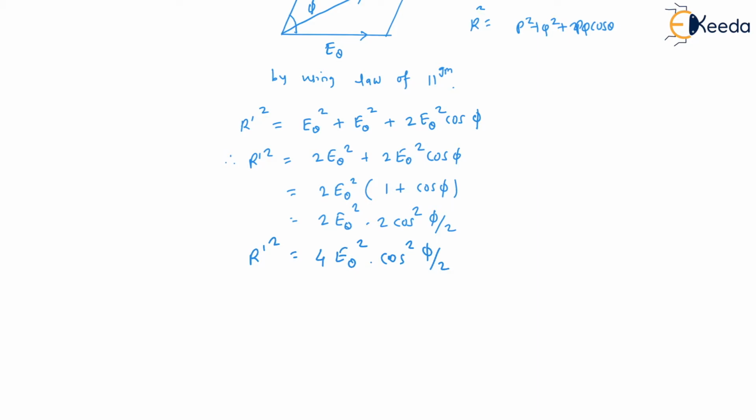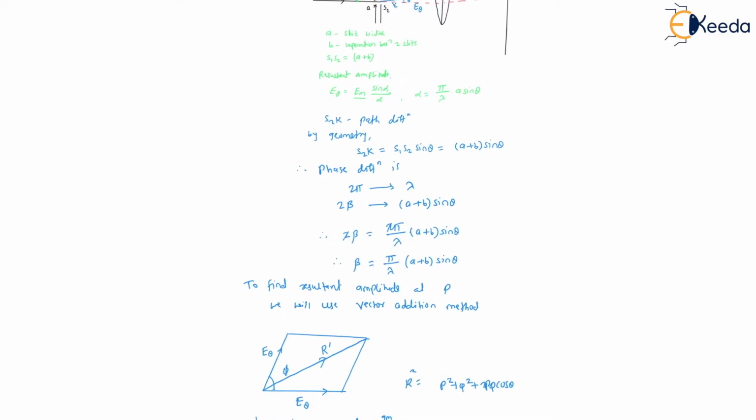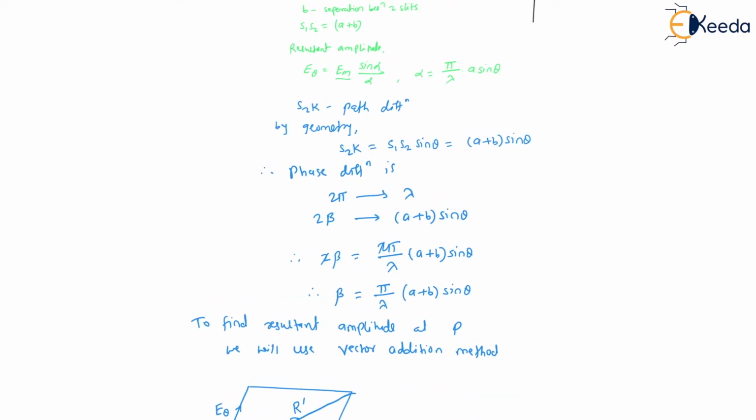Now since we know the value of E theta, it is Em into sine alpha upon alpha. And phi is the phase difference between these waves. Here we have denoted it as beta, so make a change here: let 2 beta be phi. So don't be confused, phi equals twice beta.